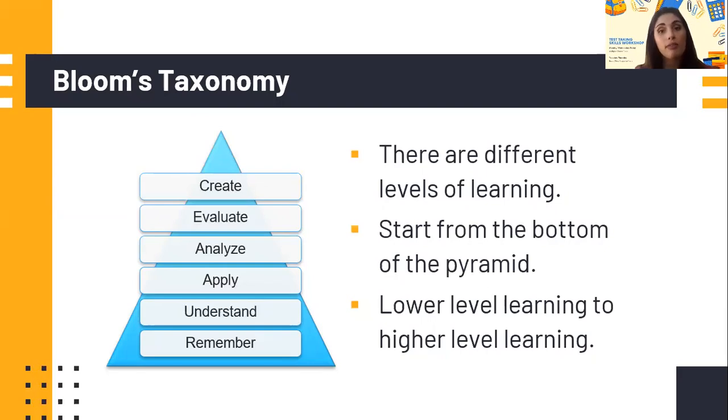You start from the bottom of the pyramid and work your way up to the top of the pyramid. And it goes from lower level learning to higher level learning. Now, this doesn't necessarily mean that one is easier than the other. For some people, applying concepts may be easier, creating may be easy for them, but it does show lower level learning to higher level learning.